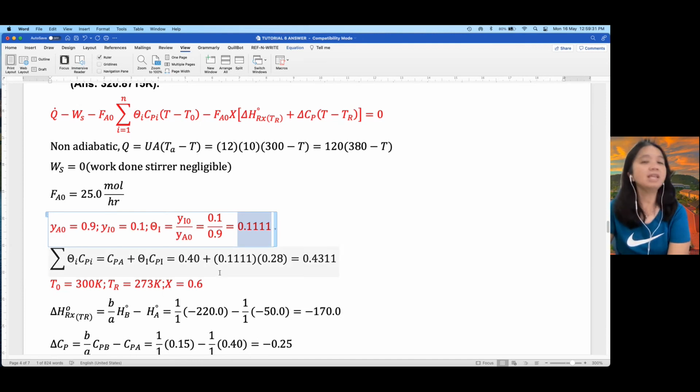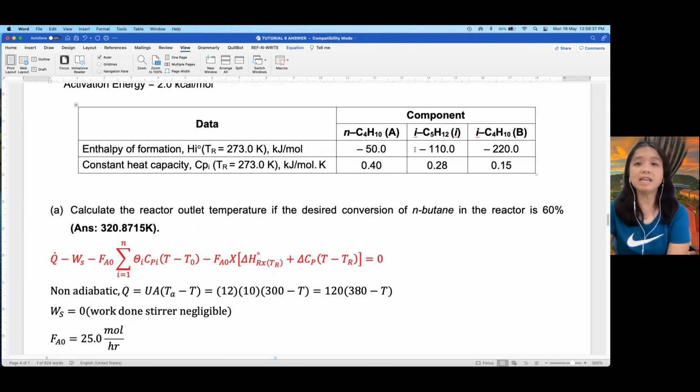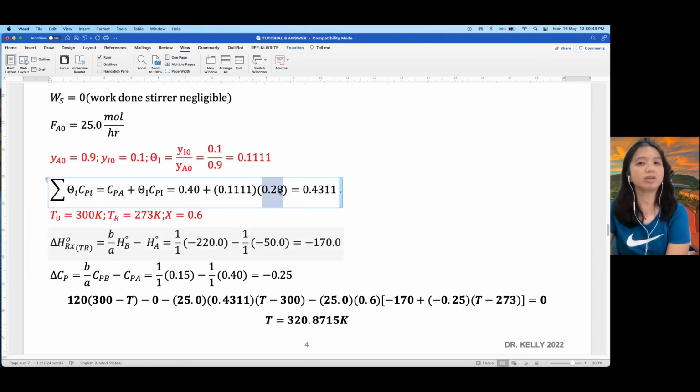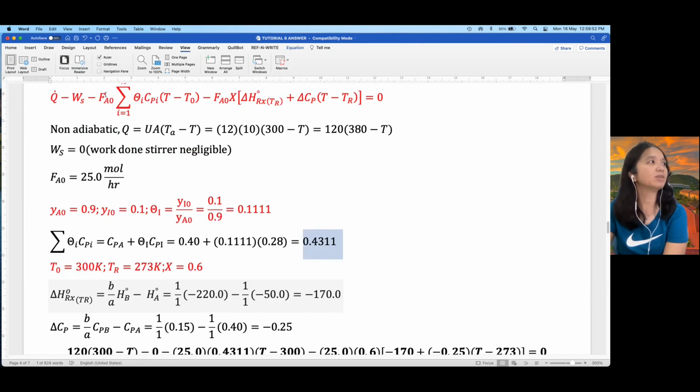You replace theta I with 0.1111, and then you replace the CP for inert, which is in the second column. It is 0.28, so we replace 0.28. Hence, you get theta I CPI at 0.4311, so we are done with the summation of theta I CPI.